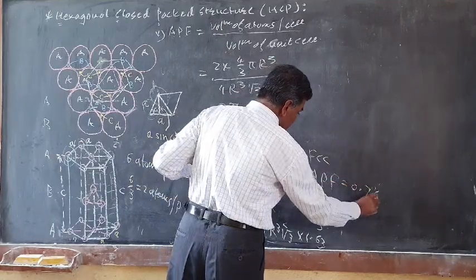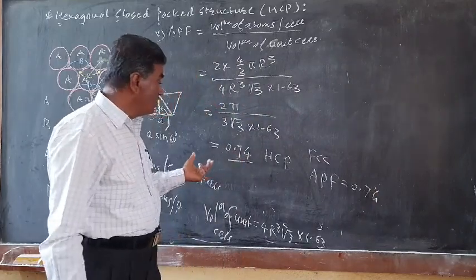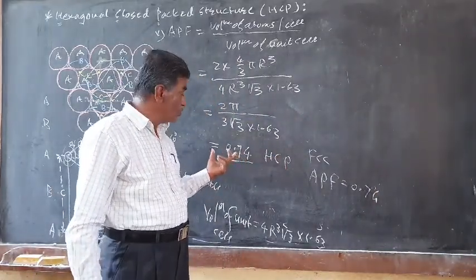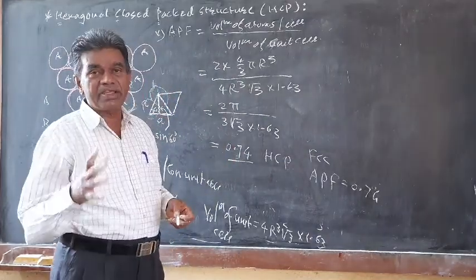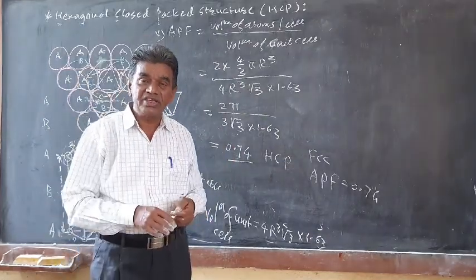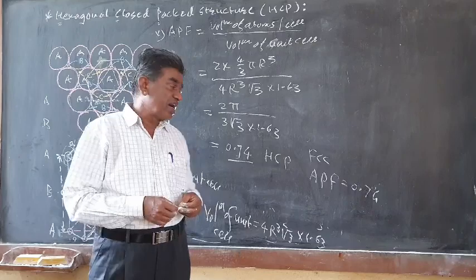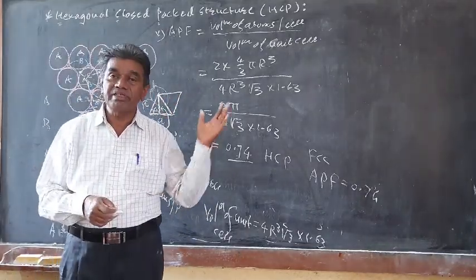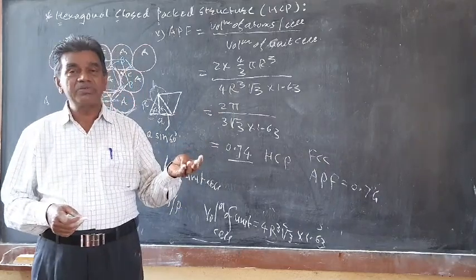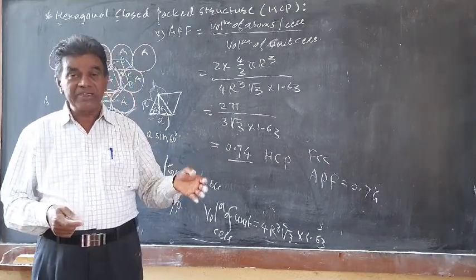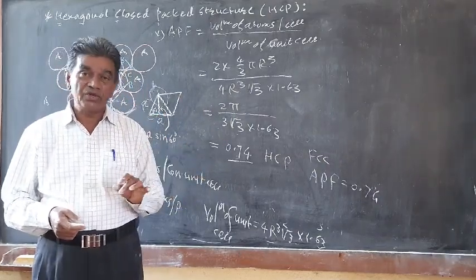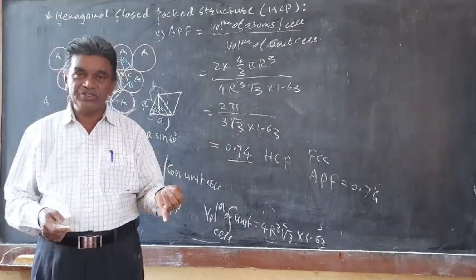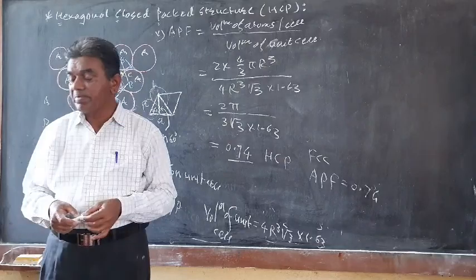So the atomic packing factor of the FCC and HCP structures are the same. You have to remember that. So we have seen the 5 parameters of the HCP structure: the total number of atoms per unit cell, the relation between A and the radius of the atom, the coordination number, then the C by A ratio, and fifth is the atomic packing factor.